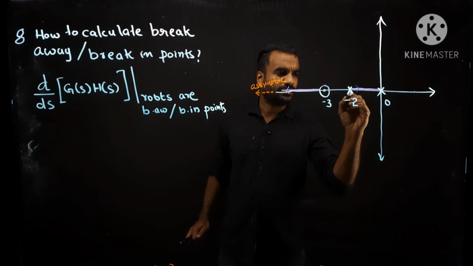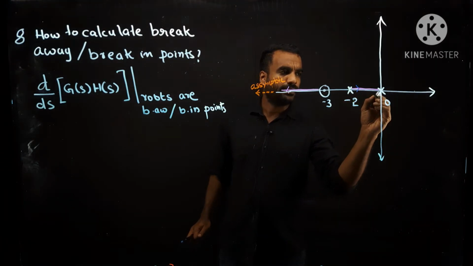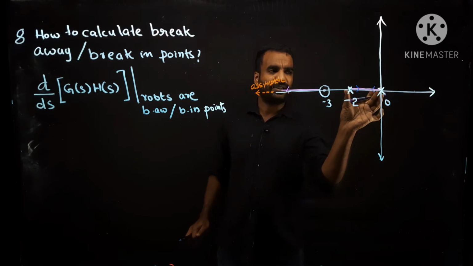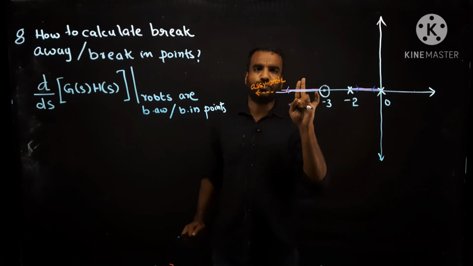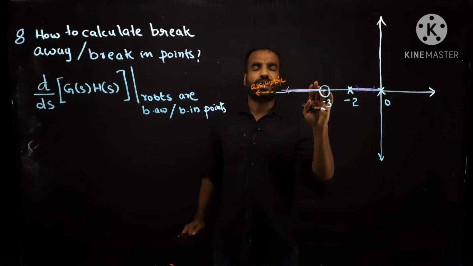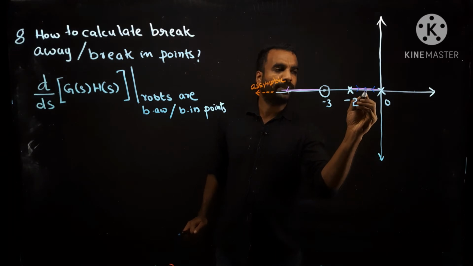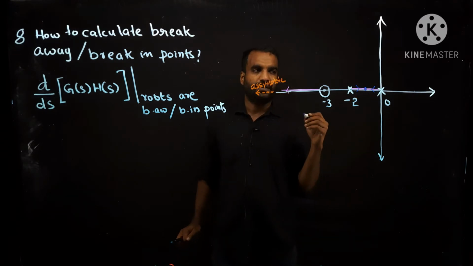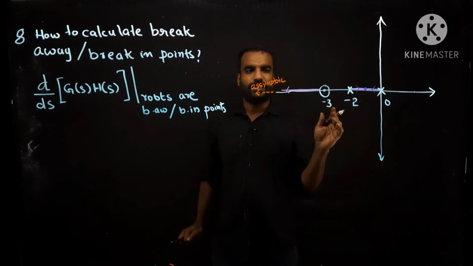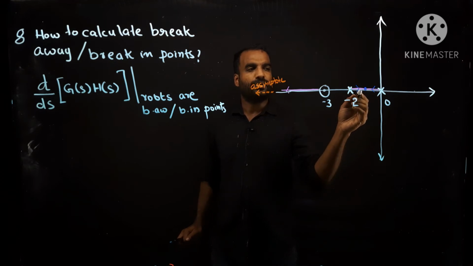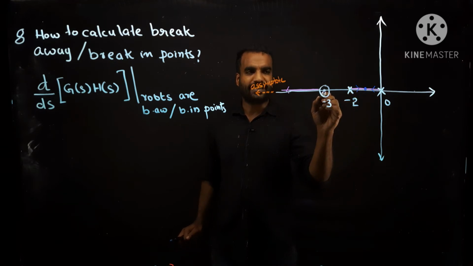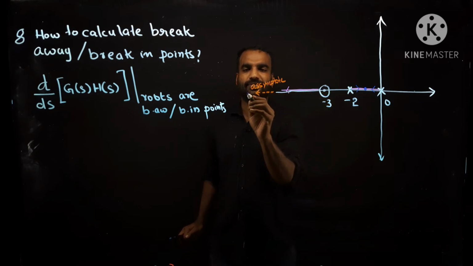A root locus branch starts from this pole and another branch starts from this pole. So 2 poles mean 2 branches. They have to travel in 2 directions. But these 2 poles will meet somewhere here. I don't know the exact point. And we know one zero is here as a finite zero and another zero is somewhere at infinity.